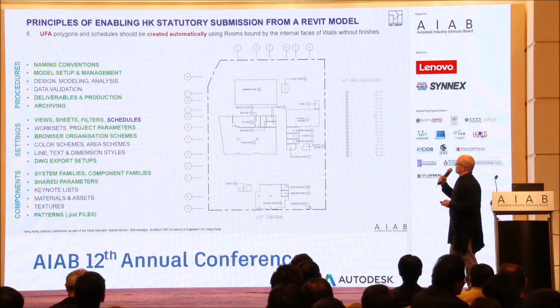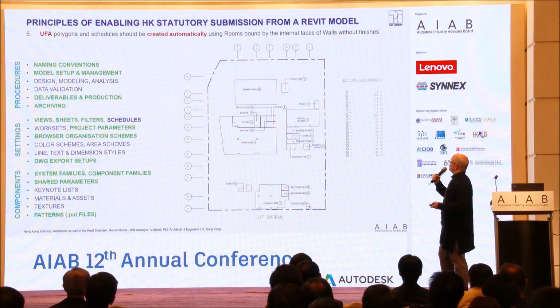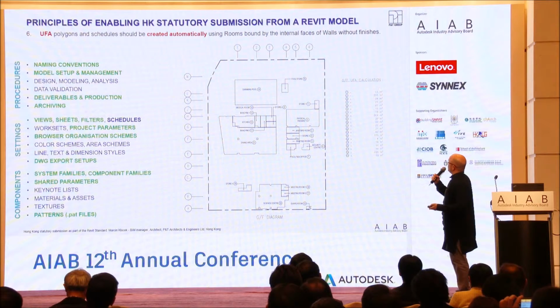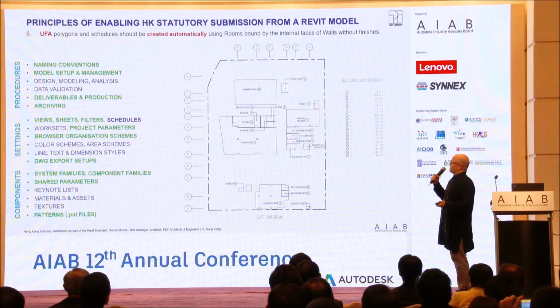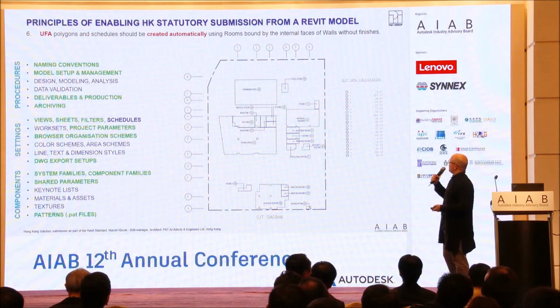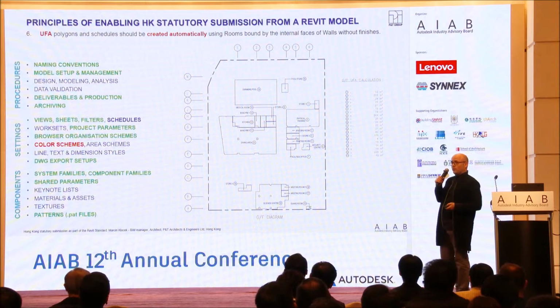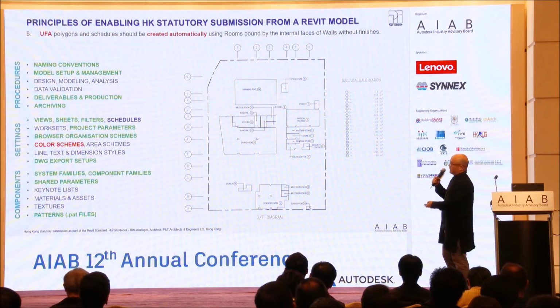For the condition number 6, the UFA polygons have to be created automatically using rooms bound by internal faces of walls without finishes. That's pretty straightforward. Somebody already mentioned this today. But for that, we need to have our color schemes predefined, although this is white, but you still need a color scheme for that.